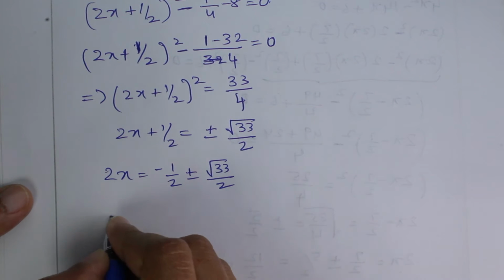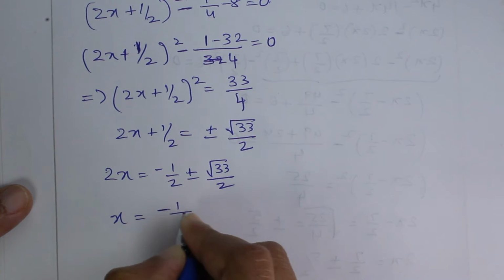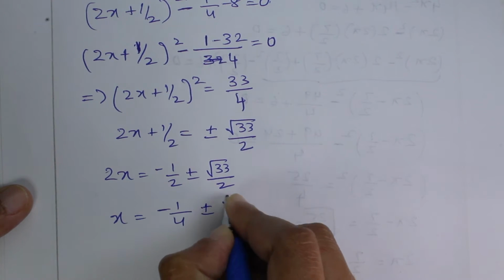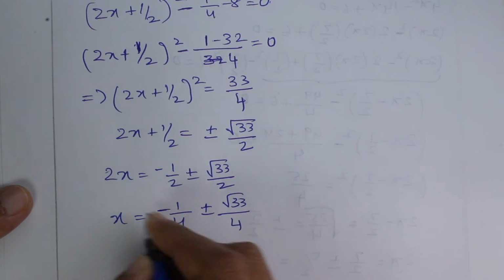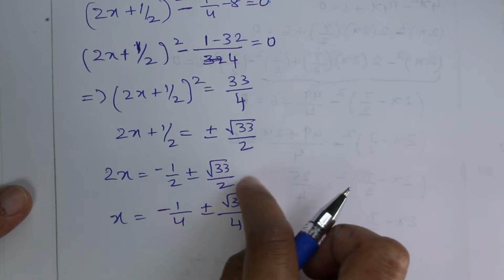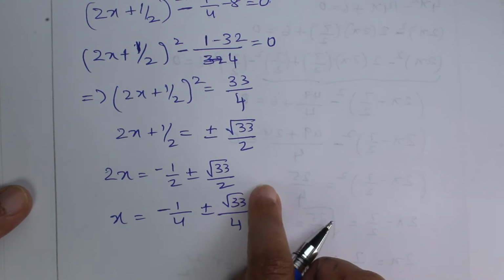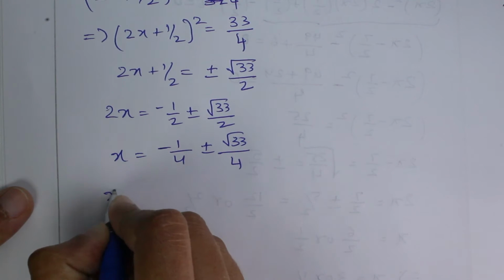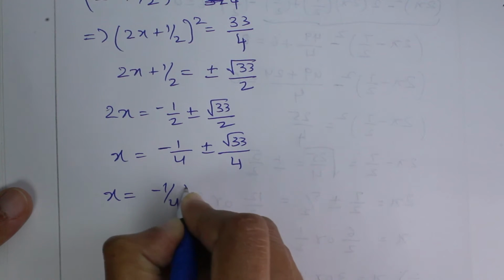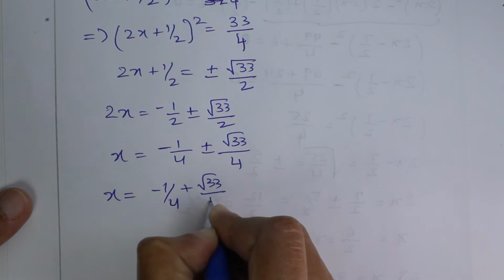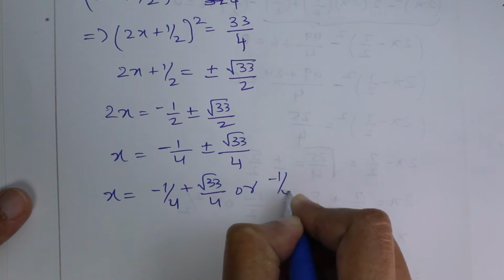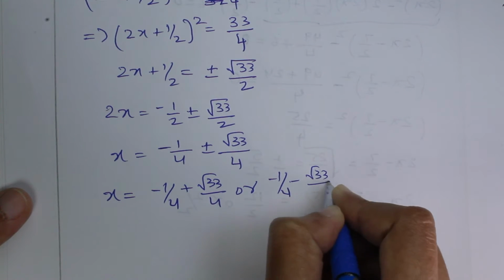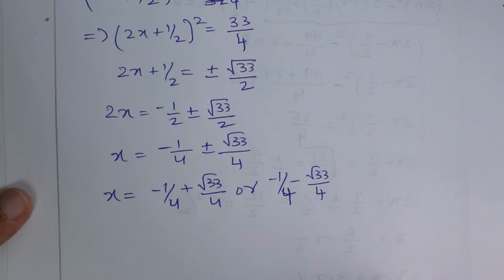So x is equal to minus 1 by 4 plus or minus root 33 by 4. It's dividing this entire number by 2. So the two roots of x are x is equal to minus 1 by 4 plus root 33 by 4 or minus 1 by 4 minus root 33 by 4. These are the two roots for this equation.